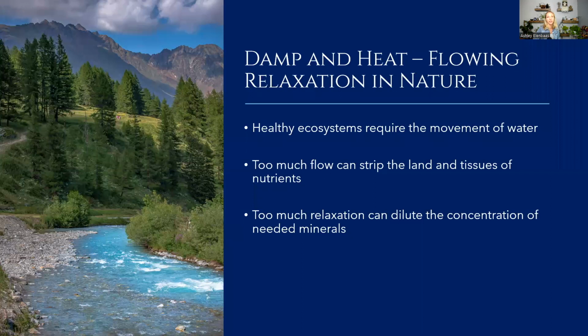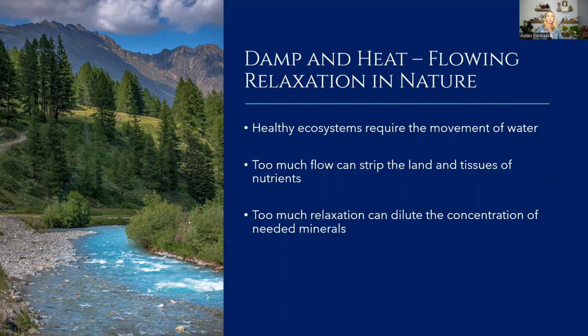So this leads us to the 2 types of dampness in the body. We have heat and damp combining, which creates this damp relaxation, or this flowing relaxation. In nature, we see this as the way water moves through a healthy ecosystem. And again, too much can strip away the land. It can also strip away the nutrients in the body.